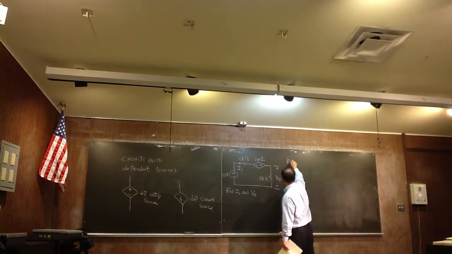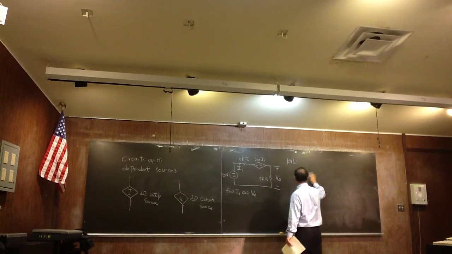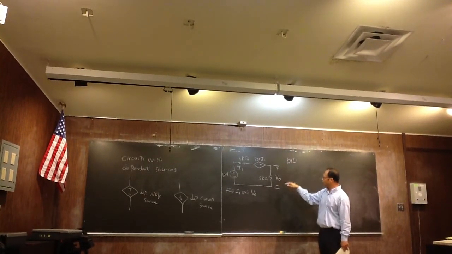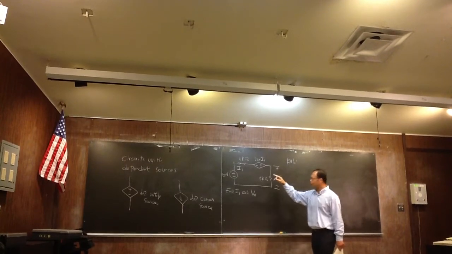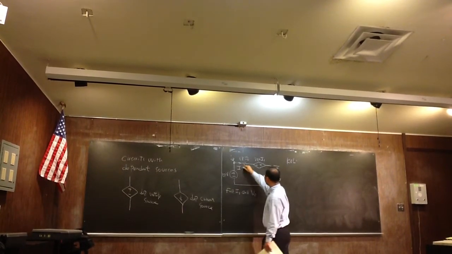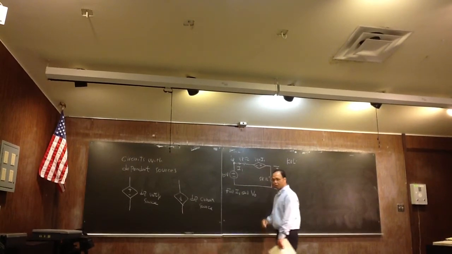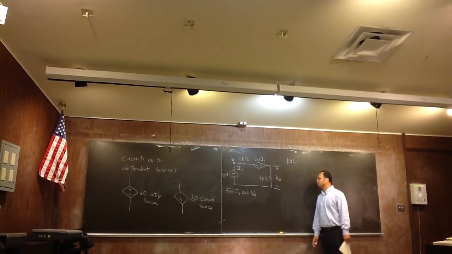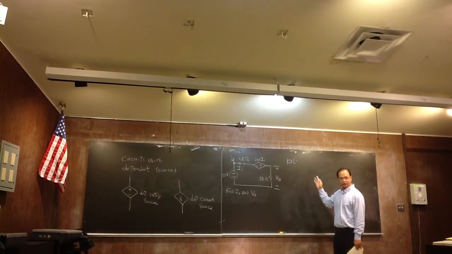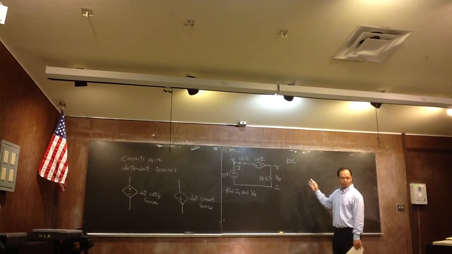If you use KVL, you start from any point, go around the loop and go back to the same point. So let's say I start from this point, go around the loop, and come back to the same point. I'm going to write down the equation that has all the voltage rises and drops.